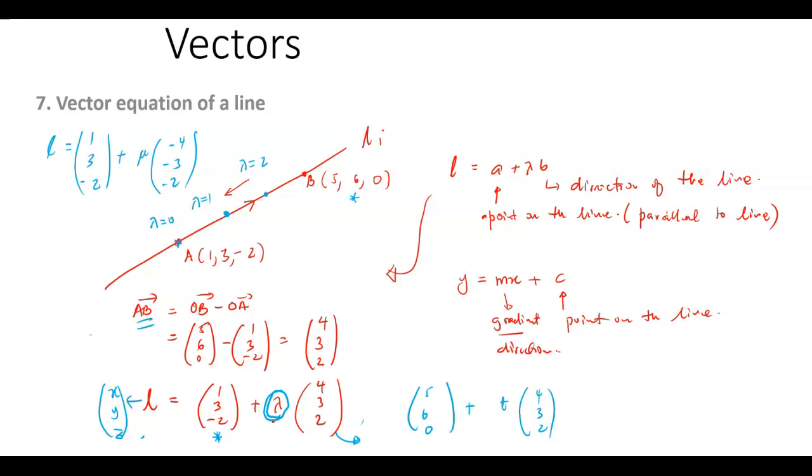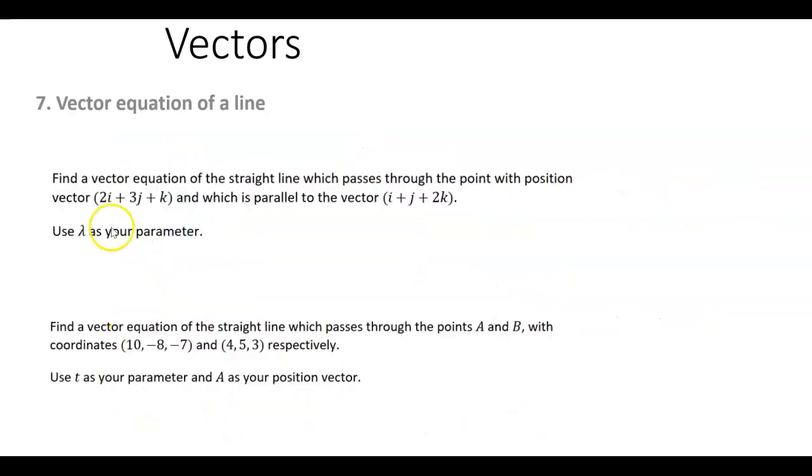Let us see some examples. For the first one, you can pause the video, try out the questions and see if you can get the answers correct. The first one says, find the vector equation of the line which passes through a point with this position and is parallel to that vector. Use lambda as your parameter.